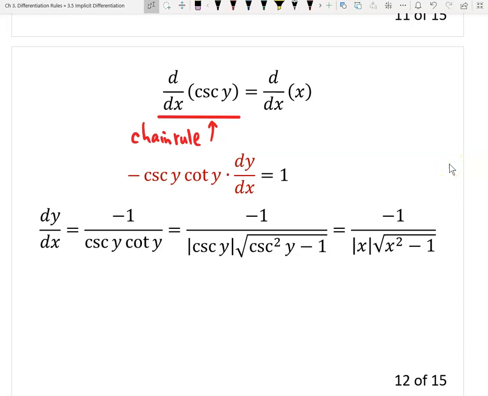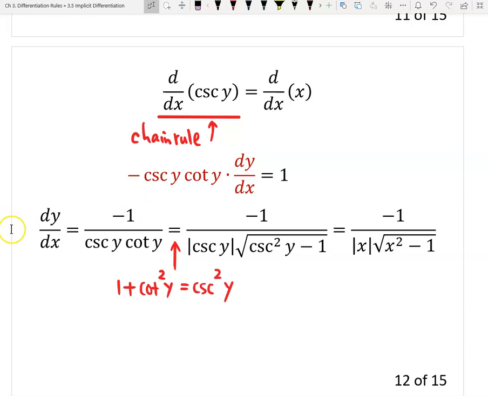So what do we get? Here, to convert cotangent to cosecant, we do have a Pythagorean identity, right? We use the Pythagorean again. Which Pythagorean? This one: 1 plus cotangent squared y equals cosecant squared y.